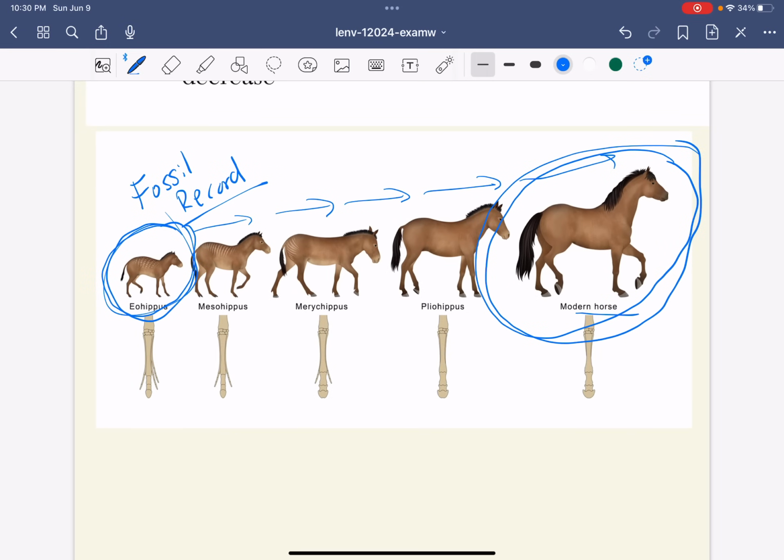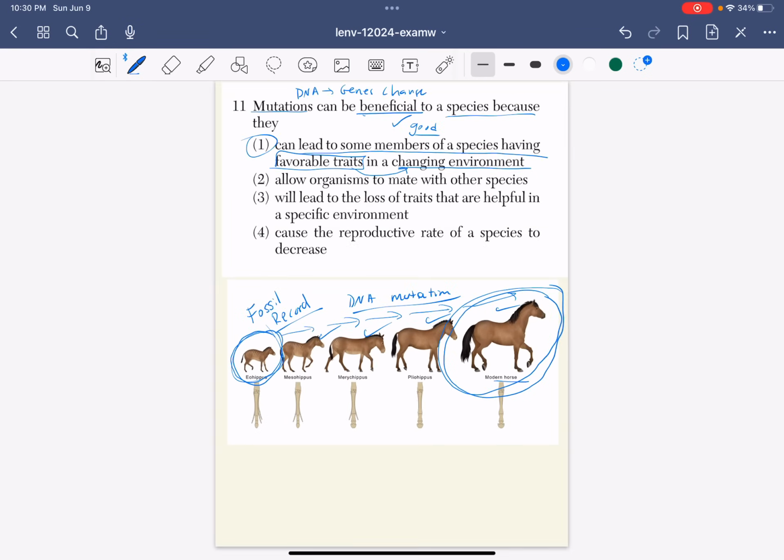So there was DNA mutation here, and a lot of this DNA mutation was to make sure that the genes of these animals help it survive its changing environment. Because as you know, as millions of years pass on Earth, the environment changes.